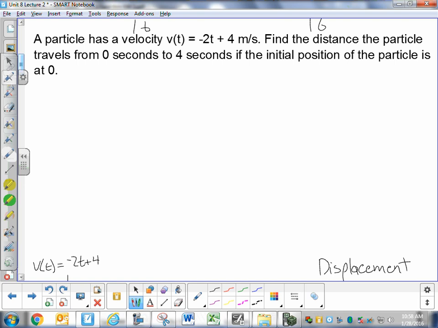Here's an example that might help clear things up with what I was just mentioning. If a particle has a velocity of negative 2t plus 4 meters per second, find the distance the particle travels from 0 to 4 seconds. And the initial position part does not matter.